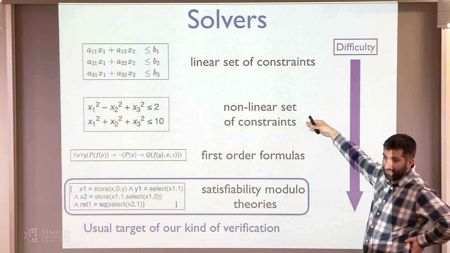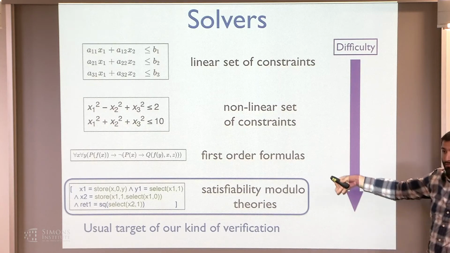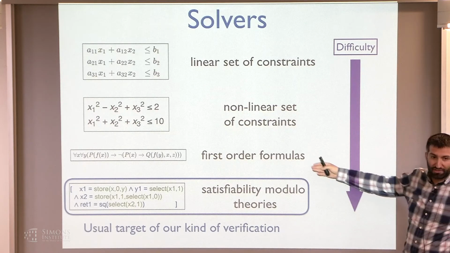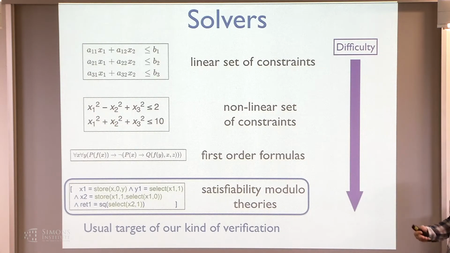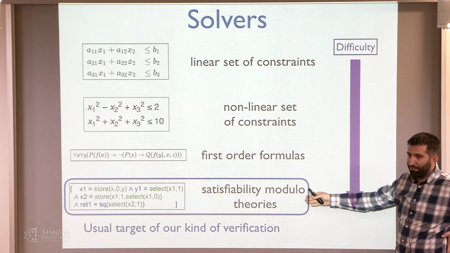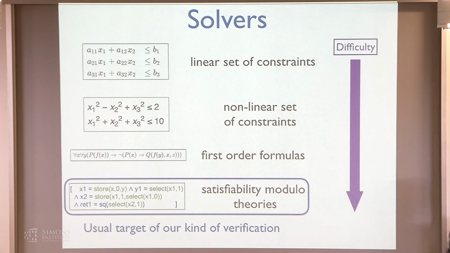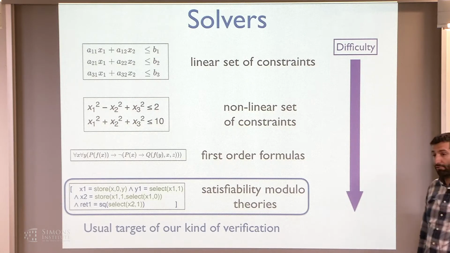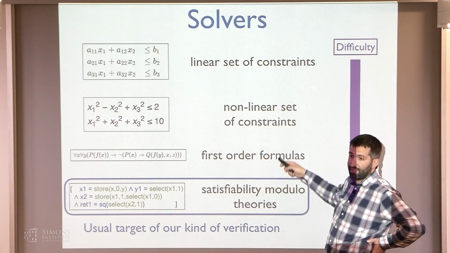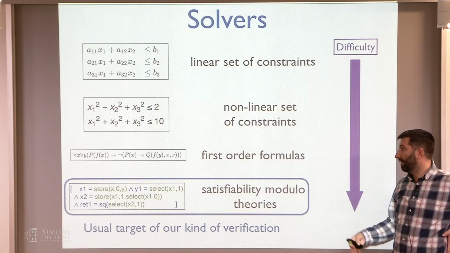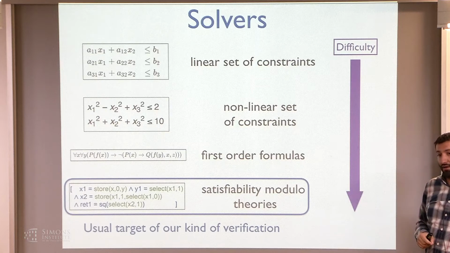Then we have nonlinear sets of constraints, which start to be more complex. And then we have first-order formulas with quantifiers. These are also quite complex, depending on whether you are over the reals, over the integers, or over mixed integers and reals. And then finally, there is what we use, which are satisfiability modulo theories, SMT solvers, which put together different theories using first-order logic.